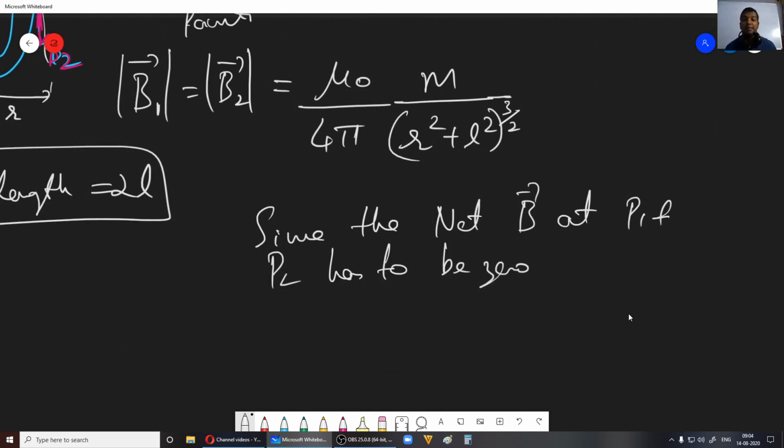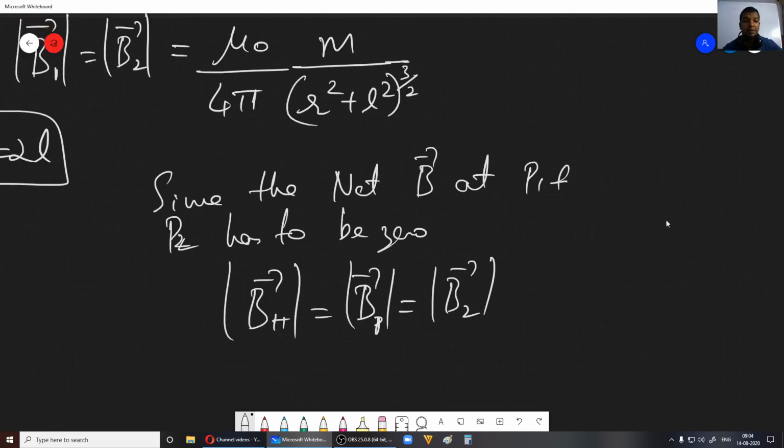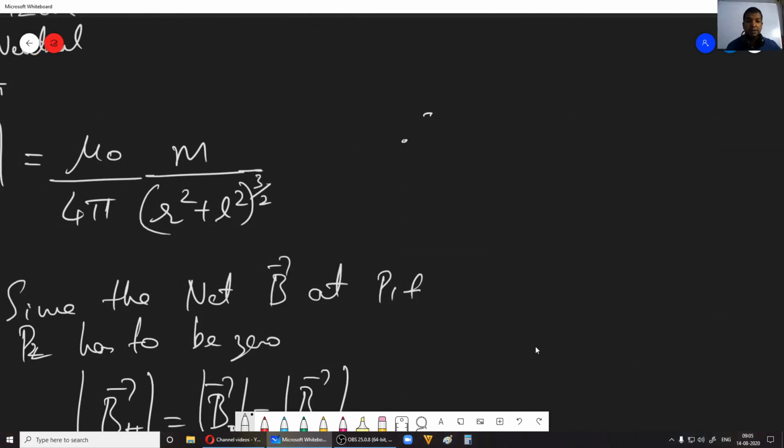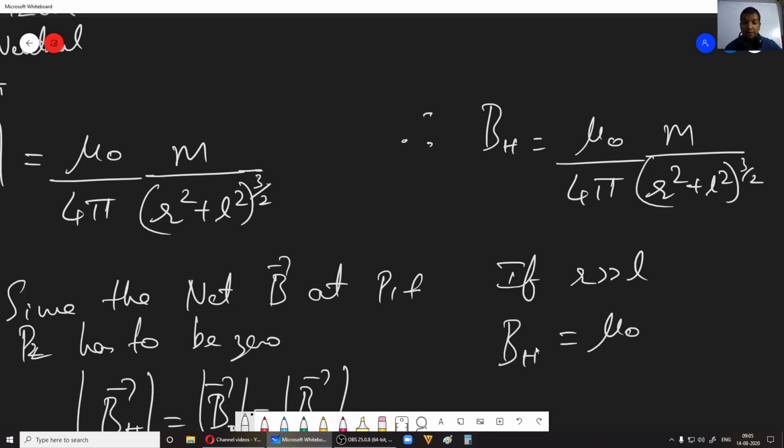Since the net magnetic field at P1 and P2 has to be 0, the magnitude of BH should be equal to the magnitude of B1, and also B2. So BH equals mu naught divided by 4 pi times m divided by r square plus l square, whole power 3 by 2. Now take the usual case where r is much greater than l. Then BH equals mu naught divided by 4 pi times m divided by r cube.